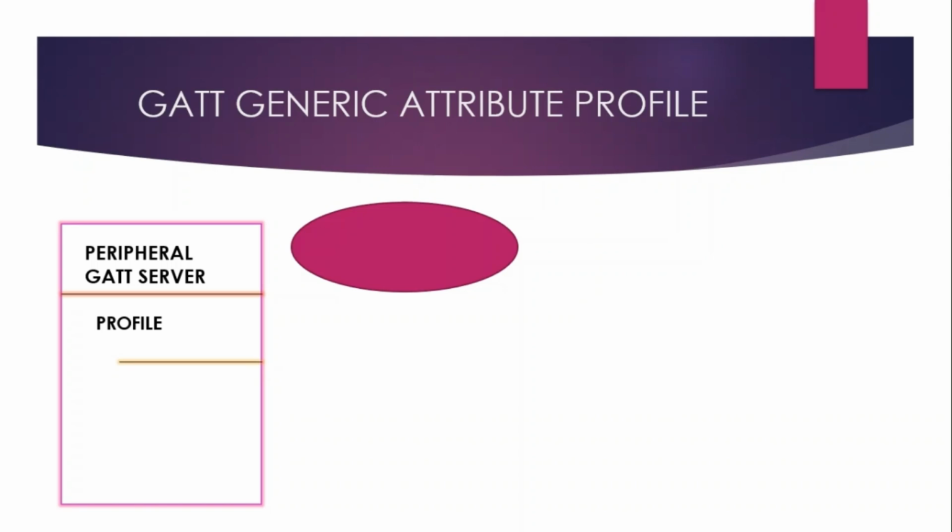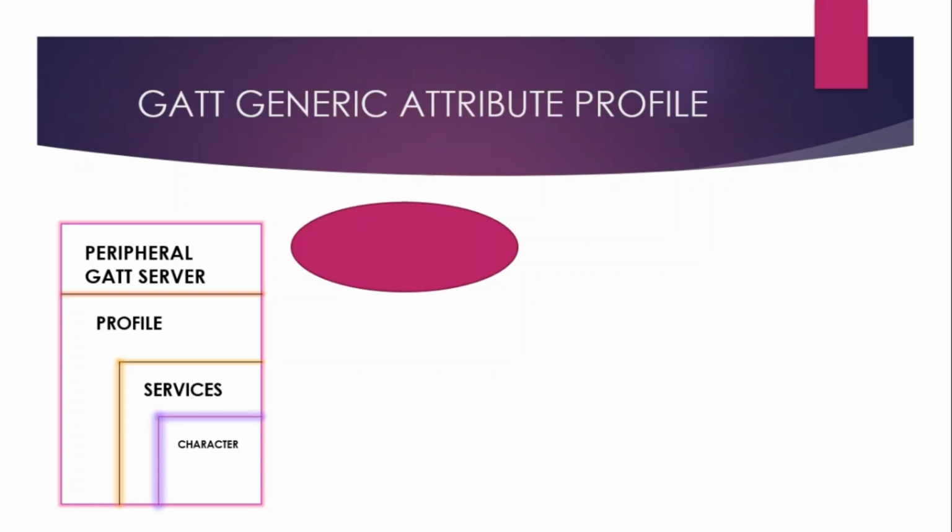Both connection setup and data exchange are the major things when it comes to any BLE or Bluetooth concepts, right? So GAP deals with all the connection setup and GATT deals with all the data exchange. The GATT server will contain profiles, profiles will contain services, and services in turn will contain characteristics. It's like a subset. This is how the ATT lookup data table looks.